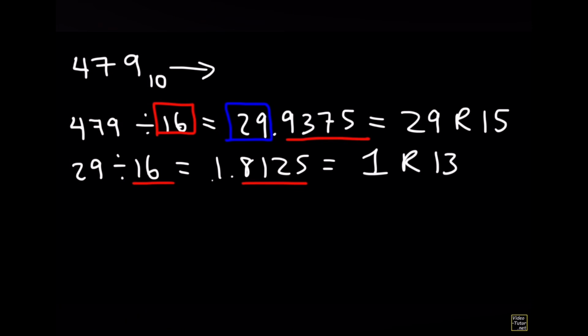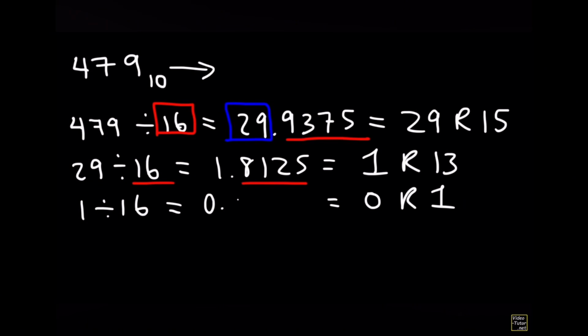And now, let's take 1 and divide it by 16. We really don't need to do the division here because 16 doesn't go into 1, so we could say it's 0 remainder 1.